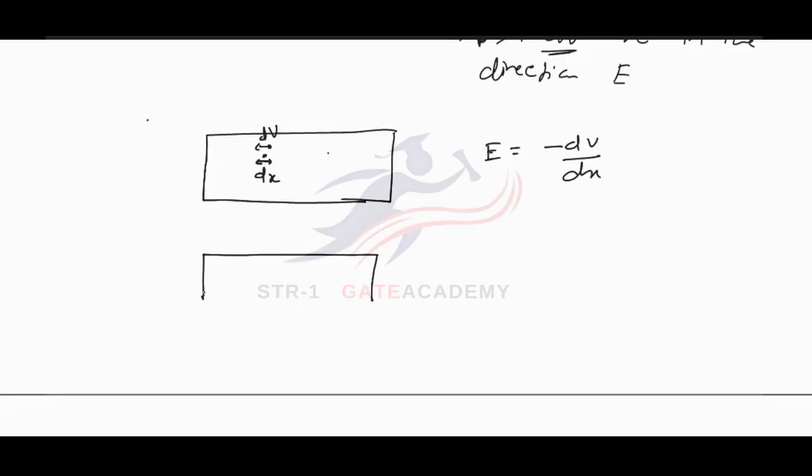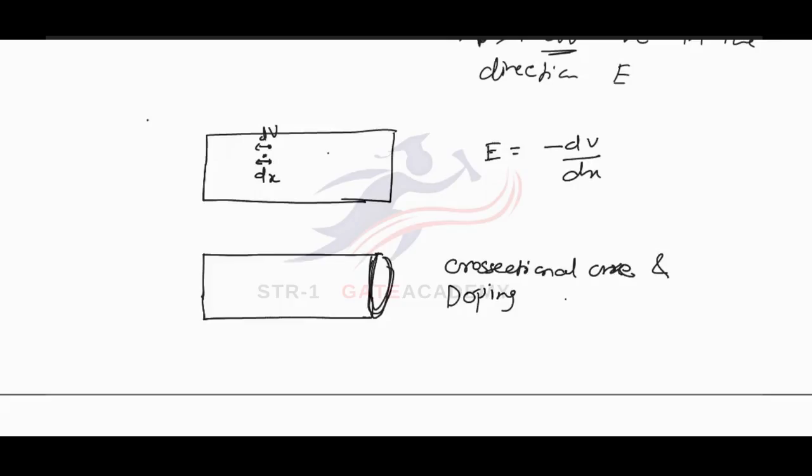Suppose I have a material. In this material, the cross sectional area, which may be circular or square shaped or rectangle shaped, and the doping of the material are uniform.